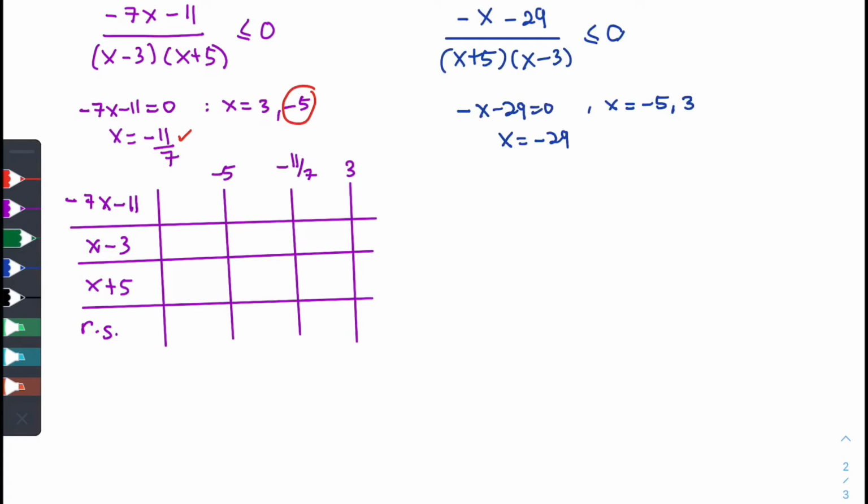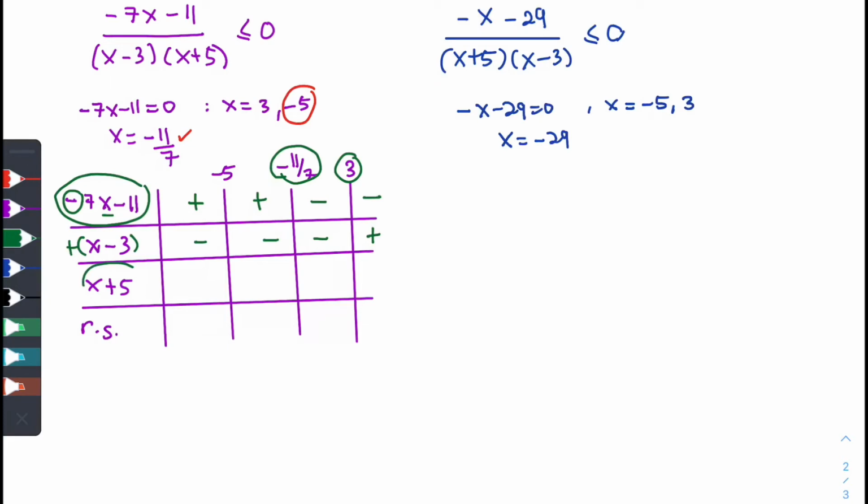Now how do you know the sign? Again, the shortcut way is that you look at the factors. For the first factor, the x has a negative, and the zero is -11 over 7, meaning after the number it is negative, and before it will be positive. The second factor is x - 3 with a positive x, the zero is 3, so after 3 will be plus, before that will be minus.